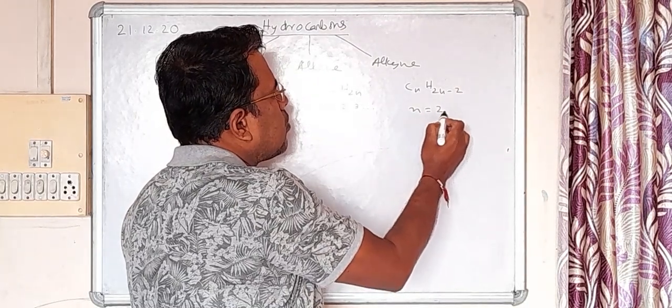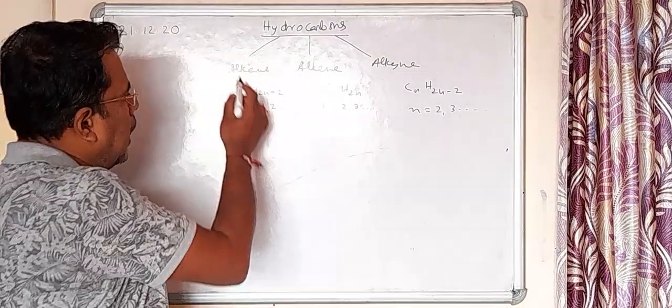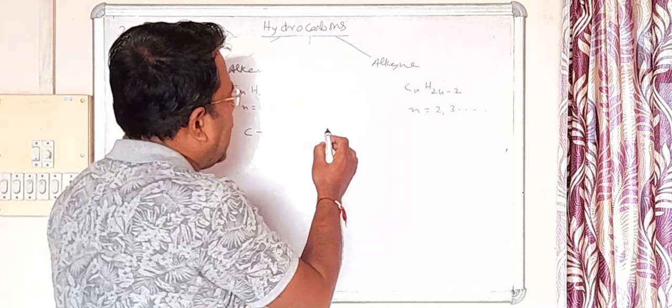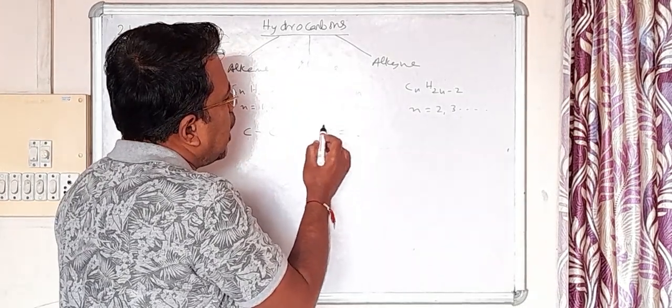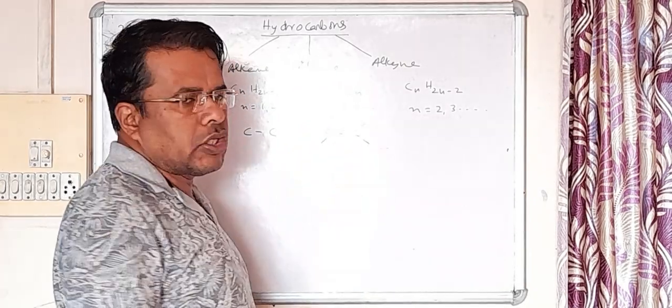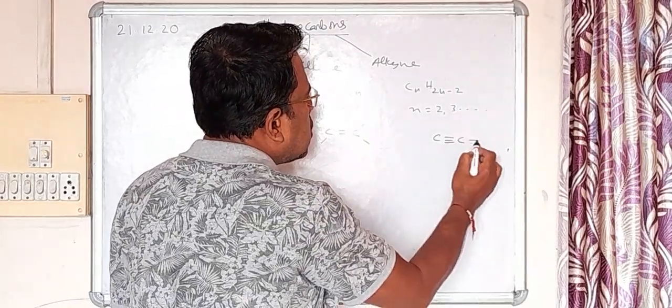Here also n starts from 2, 3 and so on. Alkane has carbon-carbon single bond. Alkene has carbon-carbon double bond in it. At least one double bond has to be there in the chain. And alkyne has carbon-carbon triple bond.